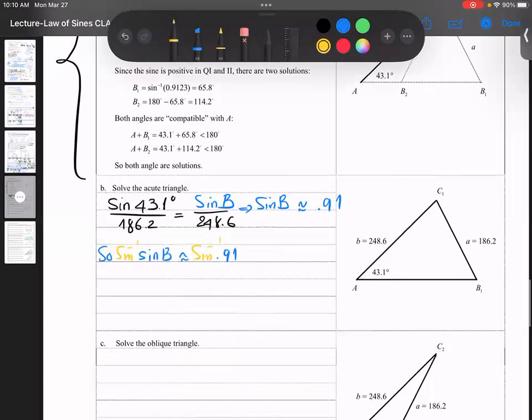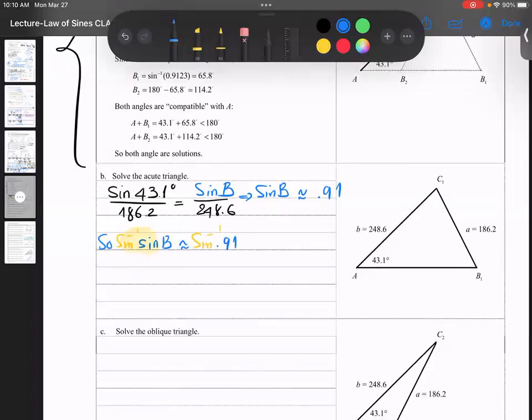On the left-hand side, sine inverse and sine cancel, so that leaves me just angle B equals, if you put in your calculator, what did you get? 65.5, right?